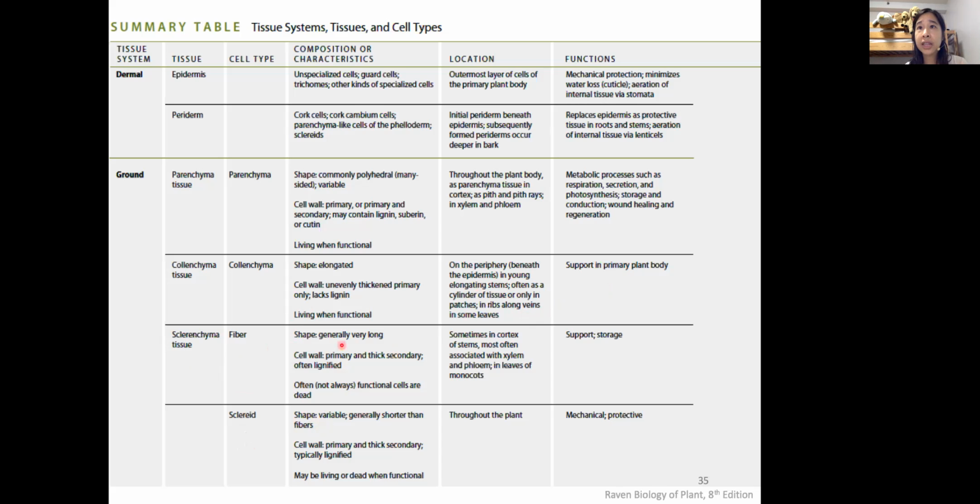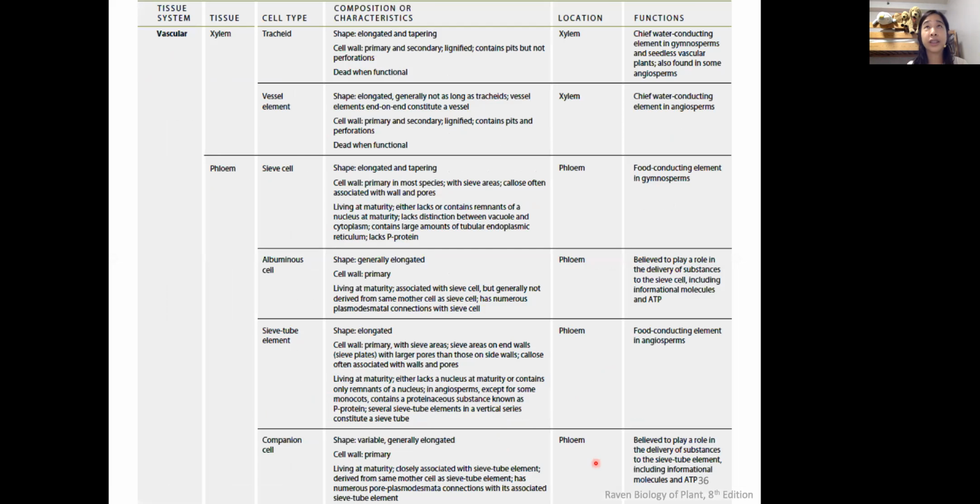Fiber is generally very long, but sclereid is short, and these two function when they are dead. Fiber is sometimes present in the cortex of the stem, and most often associated with xylem and phloem in the leaf of monocot plants. Sclereid is present throughout the plants. Fiber provides support. Sclereid is more like a protective layer, like in the coconut shell.